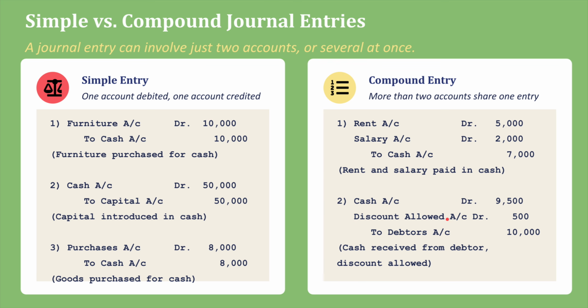Now discount allowed. If you see from the company's perspective, discount is an expense, right? We bear that 500 loss. So that has to be debited. Now debtors, credit the giver. Who is giving? The debtor is giving, so credit the giver. If you see 9,500 plus 500, debit side is 10,000 and credit side again it is 10,000. So this is a compound entry.